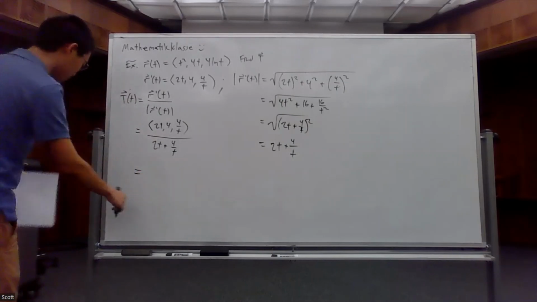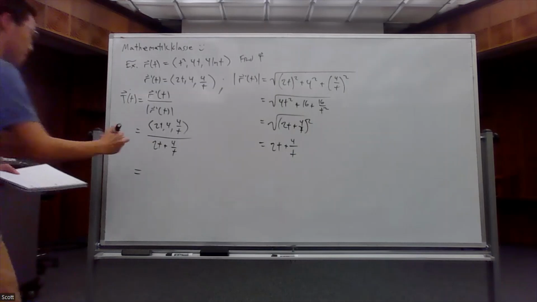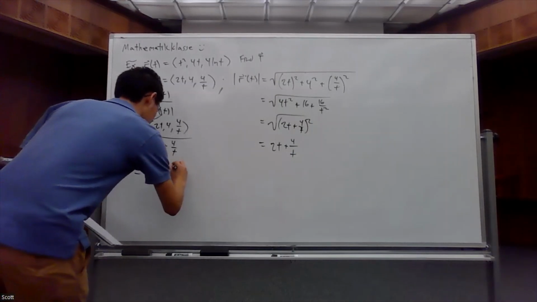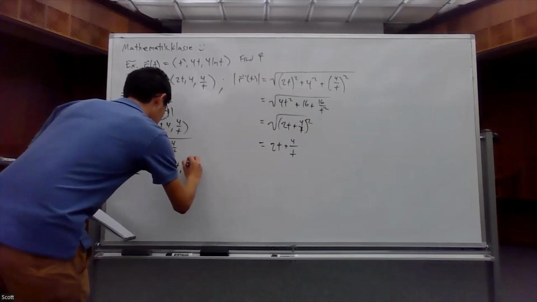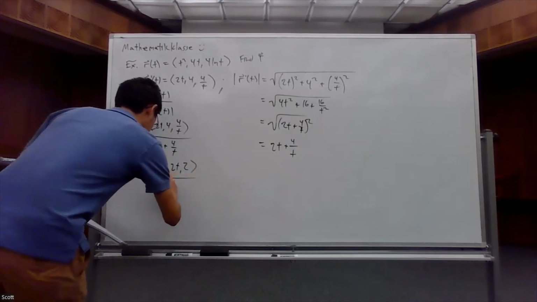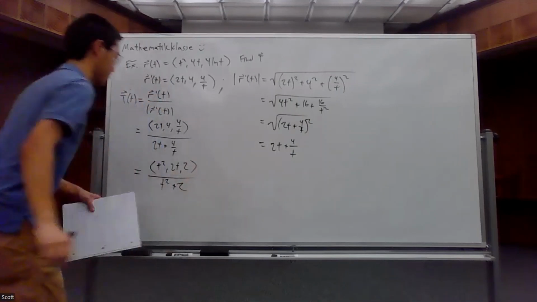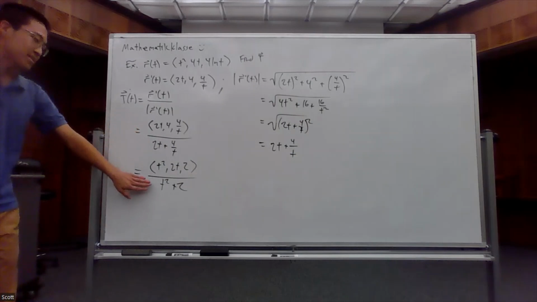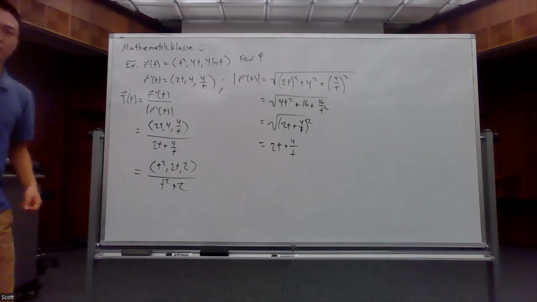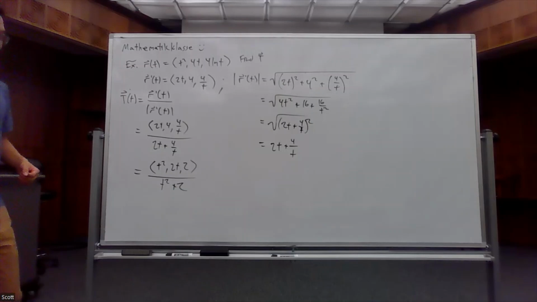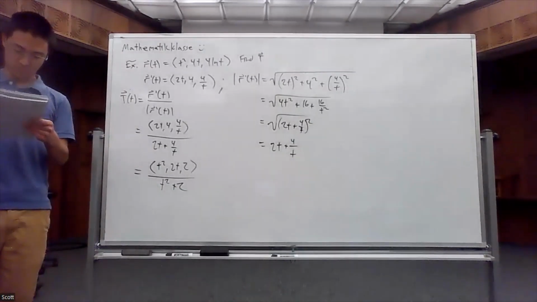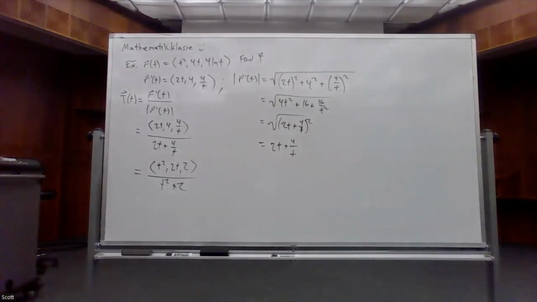So I'll show you the clean version that you could acceptably write this as: t squared, 2t, 2, over t squared plus 2. So later on your own time, make sure you have the algebraic capacity to make those things look the same. Okay.